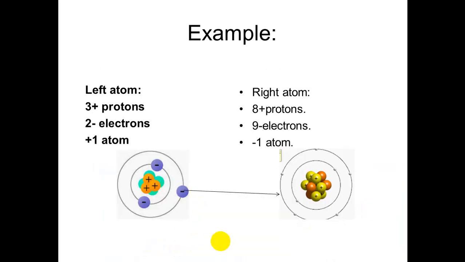Another example. Here we have these two atoms. The atom on the left side had 3 electrons and 3 protons, so there is no charge for this atom.